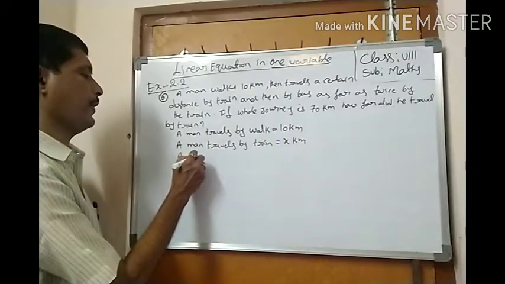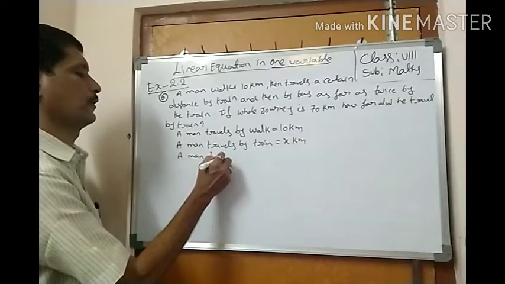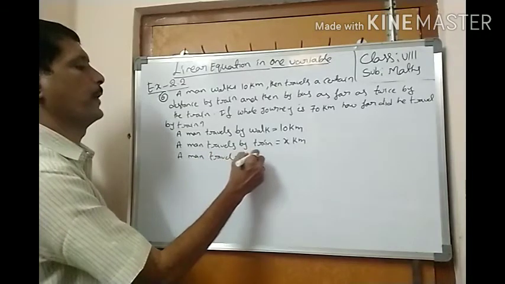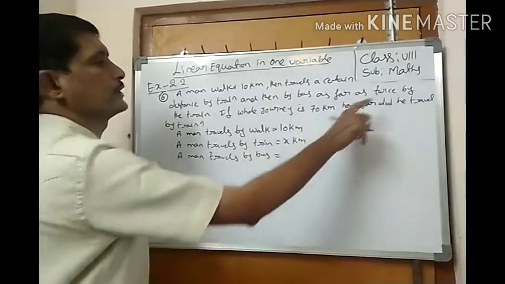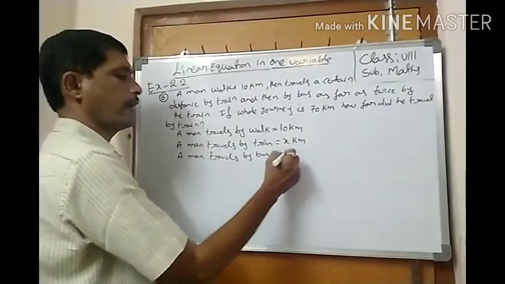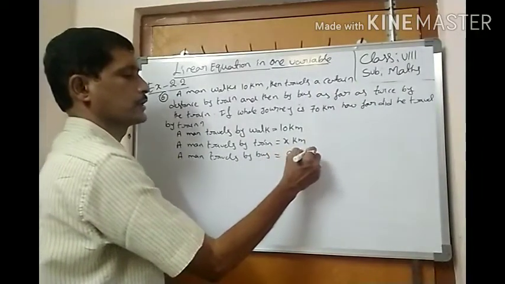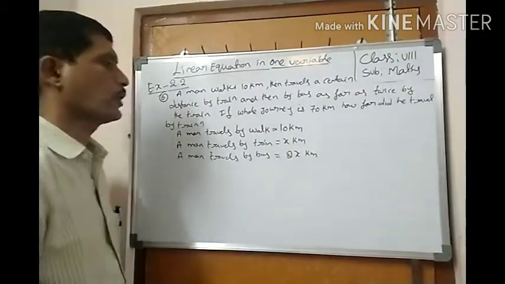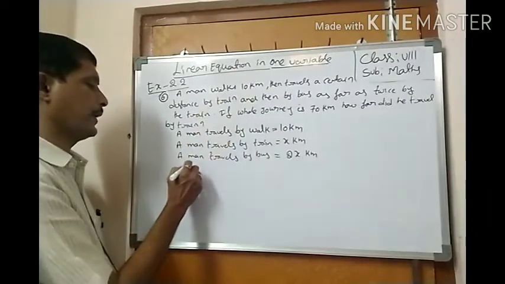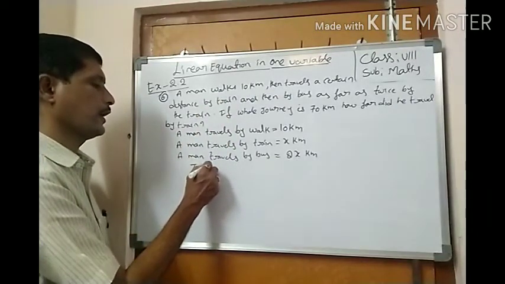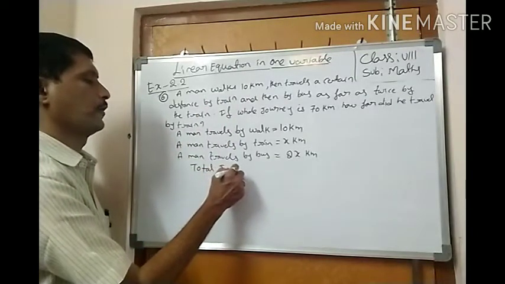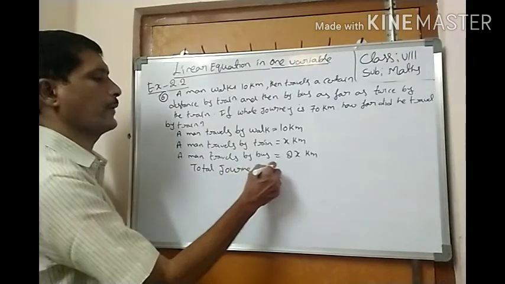A man travels by bus. Here how much is given, that is twice by train, therefore twice means that is 2x kilometers. Total journey equal to how much, that is 70 kilometers.